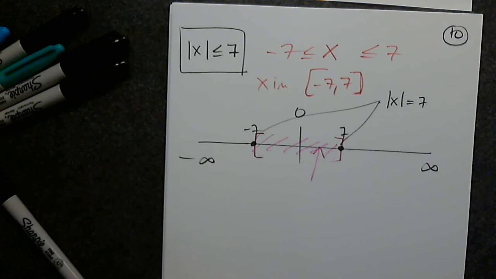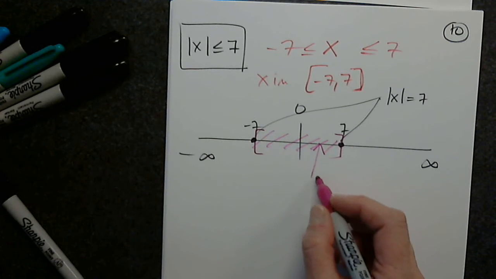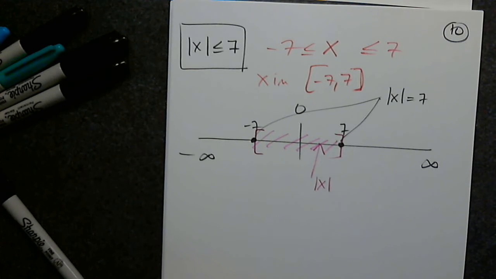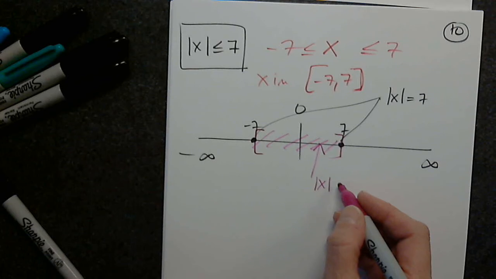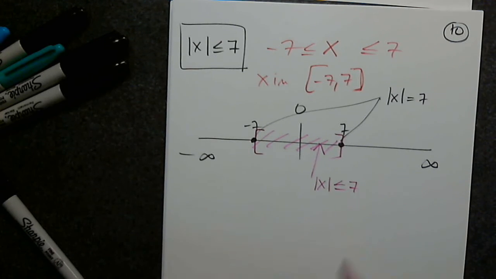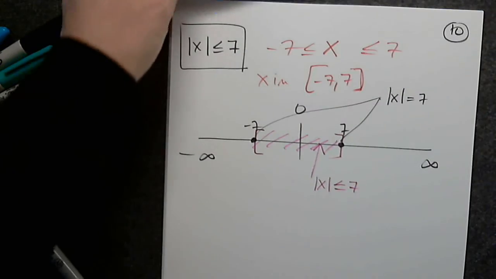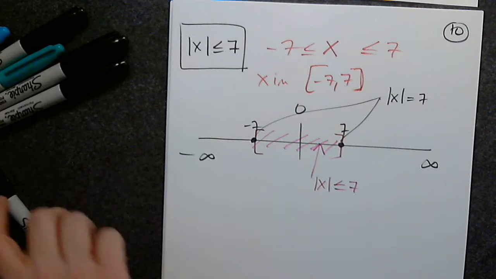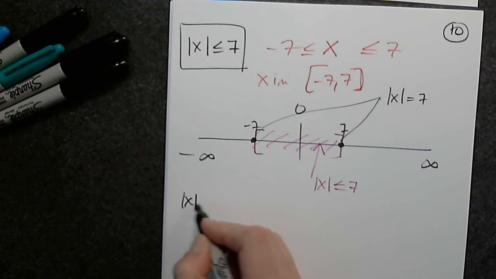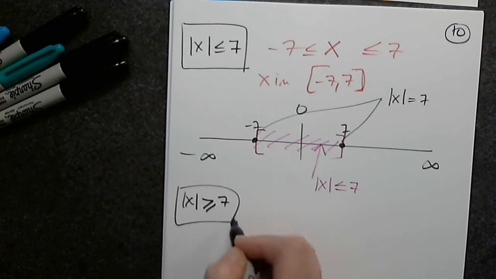All these. Solutions to the absolute value of x less than or equal to 7. Awesome. And now remember, we still have a second possibility. What does the absolute value of x greater than or equal to 7 tell us?